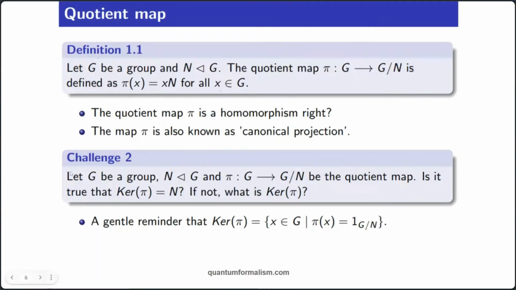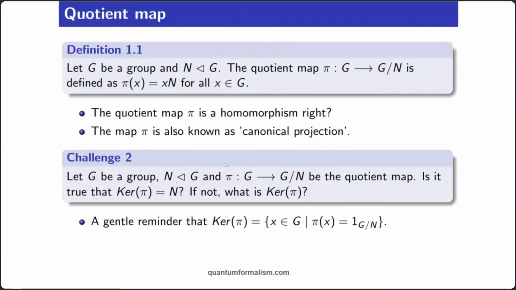And now the second challenge is: given G, a normal subgroup N of G and the canonical projection pi, is the kernel of pi the same as N? Does the kernel coincide with N? If not, what is the kernel of pi?